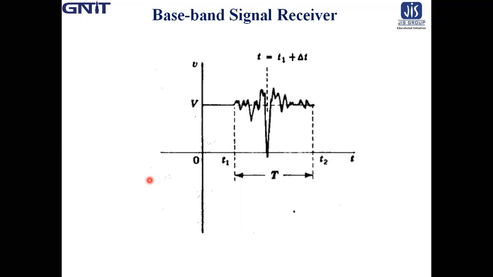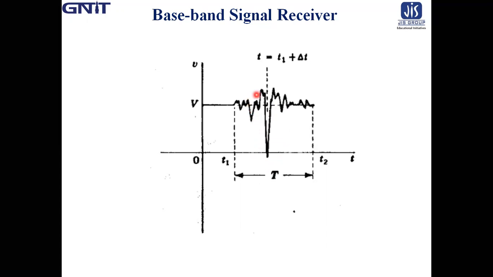Now when does an error occur? It is of course possible that at the sampling time, the noise may be of magnitude larger than V and have the opposite polarity.